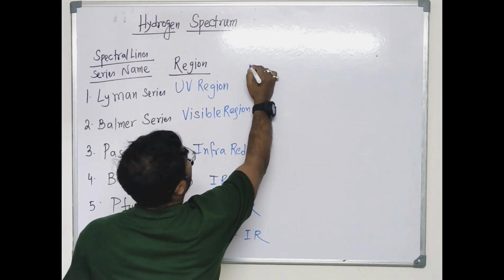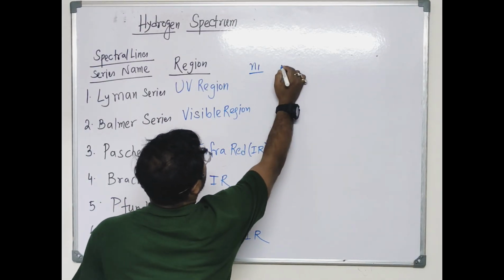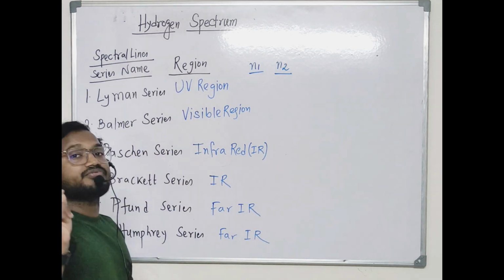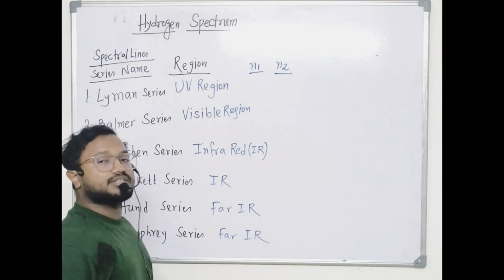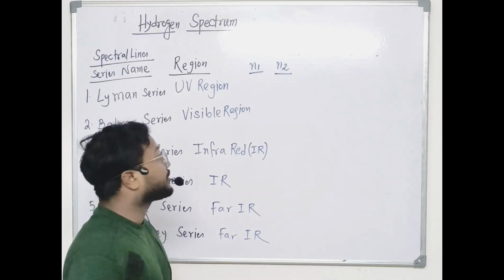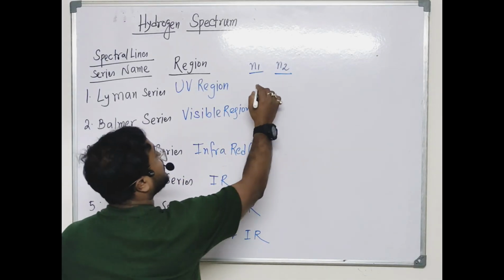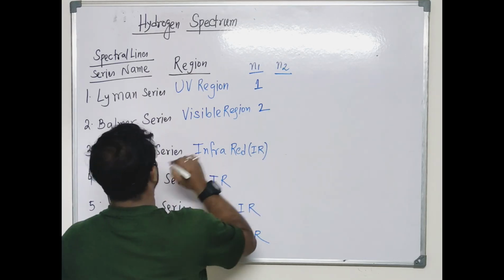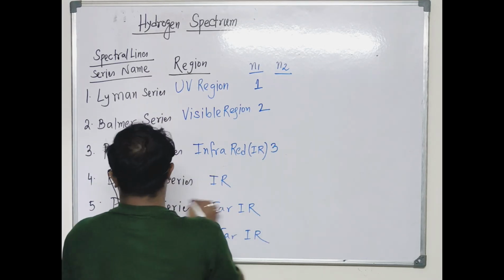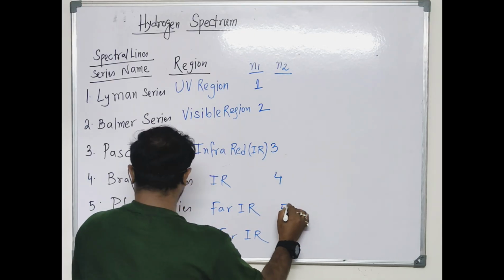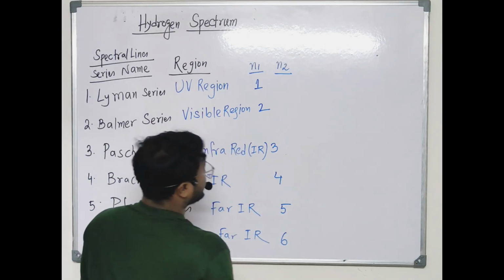First I am taking n1 and n2 values. n1 is considered the first line of the spectrum, n2 the second line or the final line of the spectrum. So in Lyman series, n1 is 1, Balmer series n1 is 2, Paschen series it is 3, Brackett series it is 4, Pfund series it is 5, and Humphreys series it is 6.